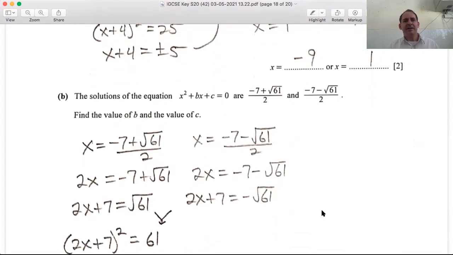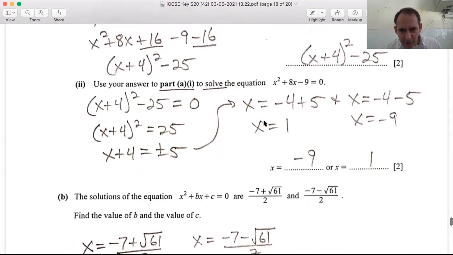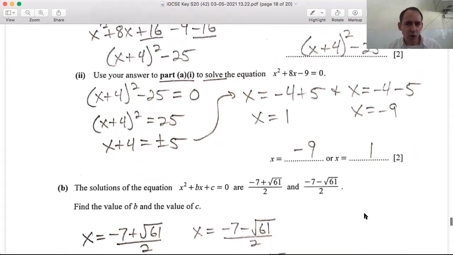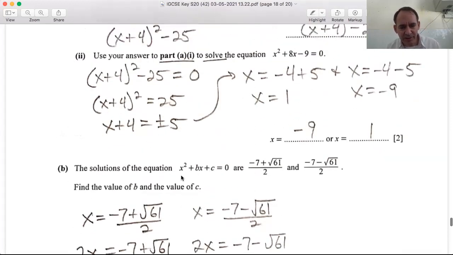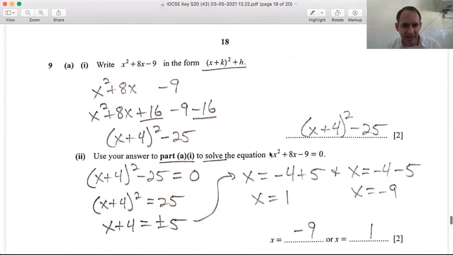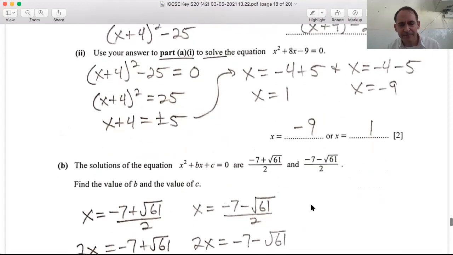Now it says that once you've worked through this, they're kind of hoping that you can figure out how to go backwards. So the solution to this x squared plus bx plus c equals 0, which is kind of like what you were doing up here.